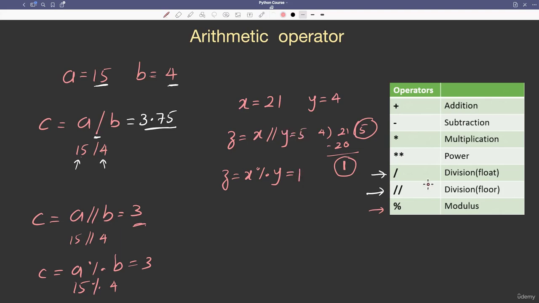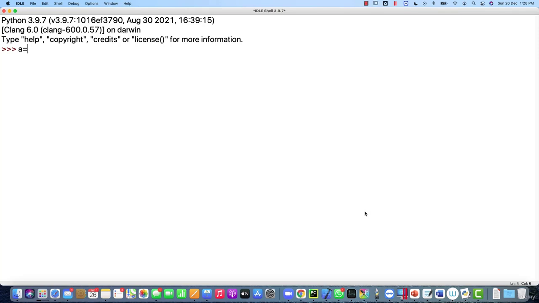That's it. I'll give you the demonstration for this one and you practice the same thing. So let us go to IDLE. I take variable a, that is 15, variable b, that is 4. Now c assign a plus b. What is the value of c? 19. c assign a minus b.